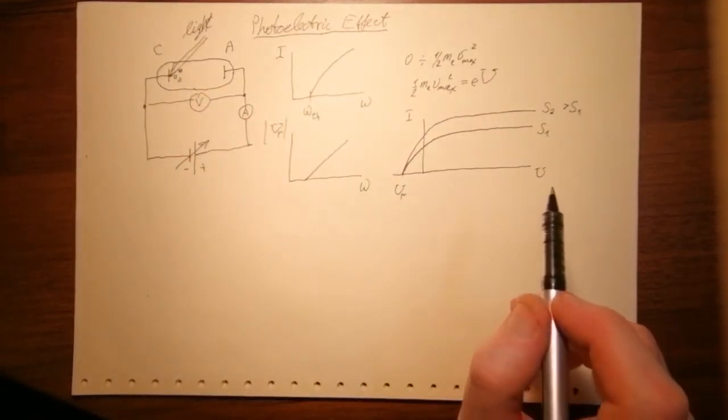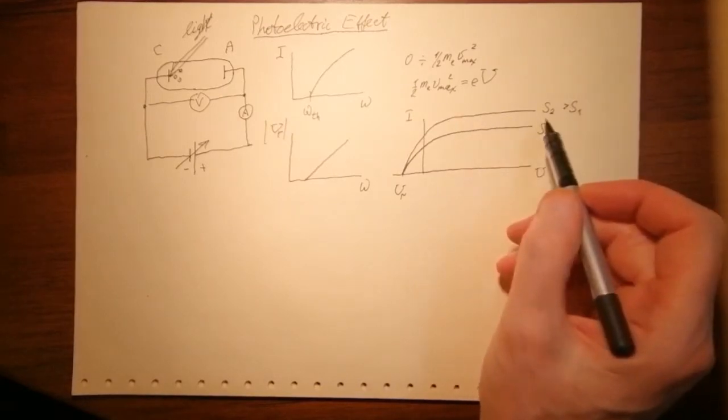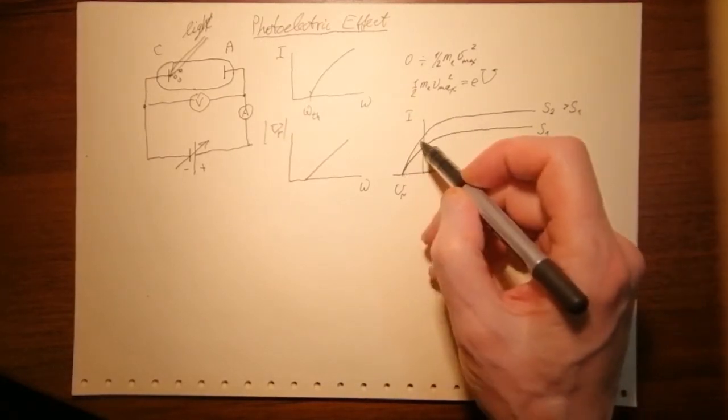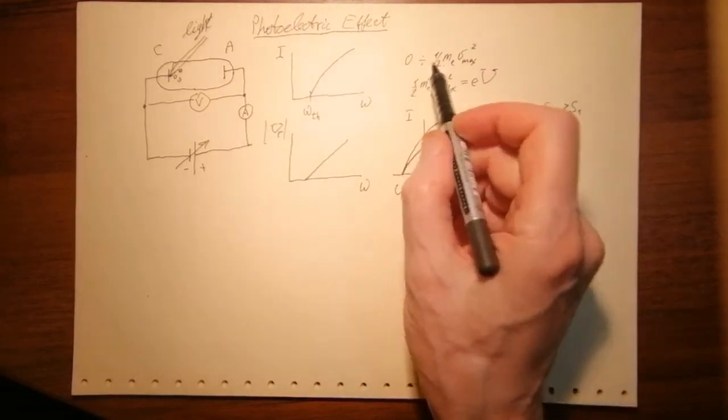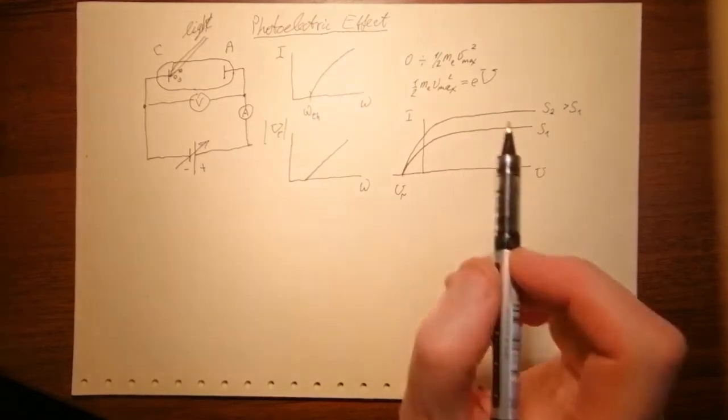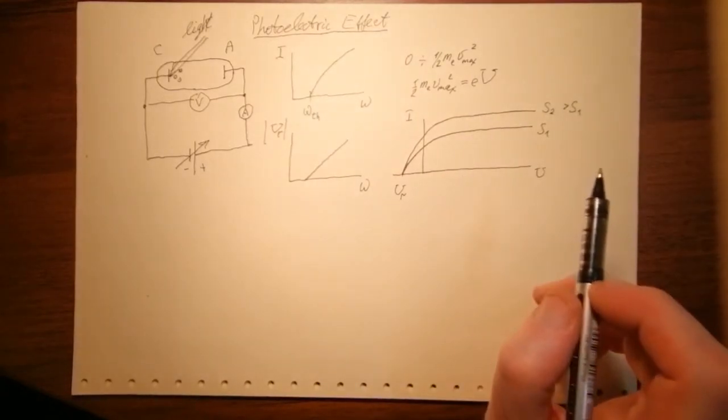So now we understand why saturation is reached, and this slope is due to the wide energy interval of the electrons which are emitted.